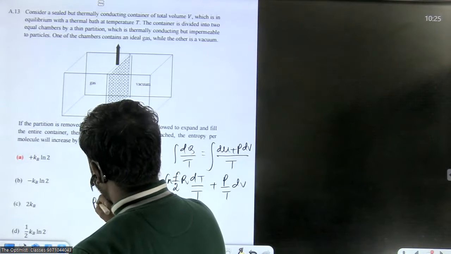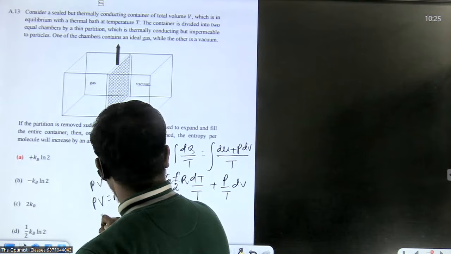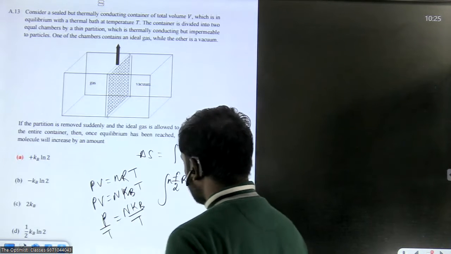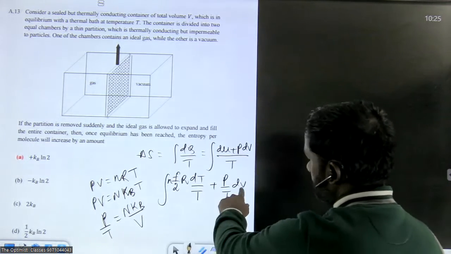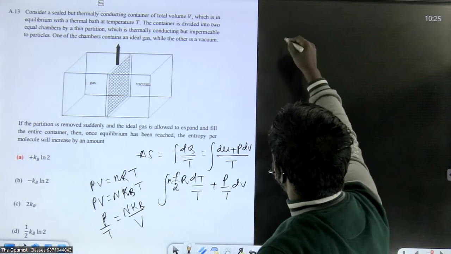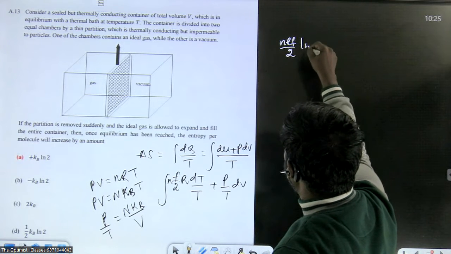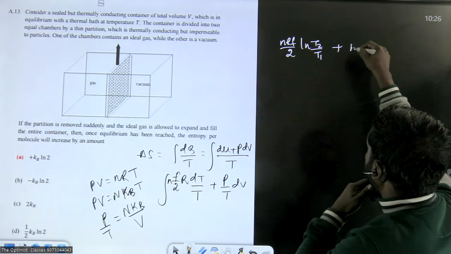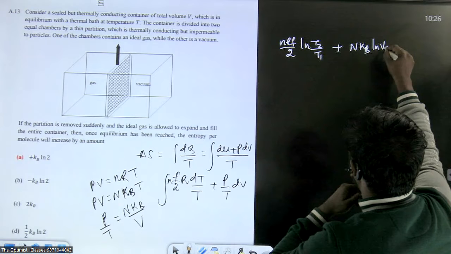We have to calculate per particle, so we can write pV is equal to n kB T. So p by T is equal to n kB by V. In place of p by T, we can write n kB by V. So we have here n R into f by 2 ln T2 by T1, plus n kB, and dV by V integration will give ln V2 by V1.